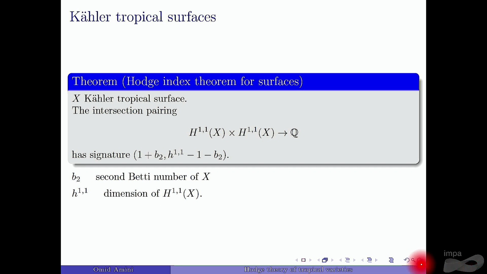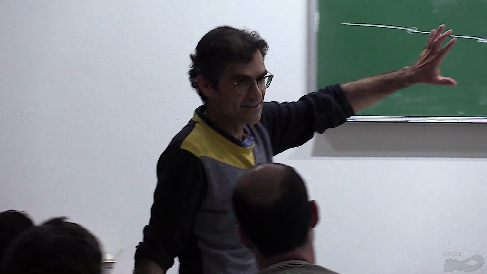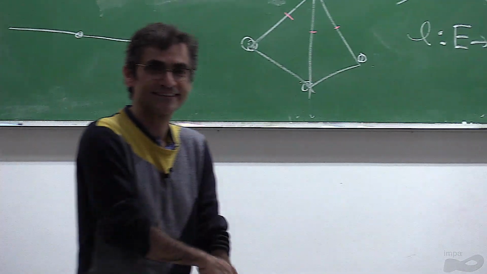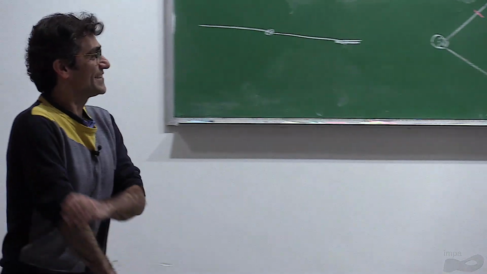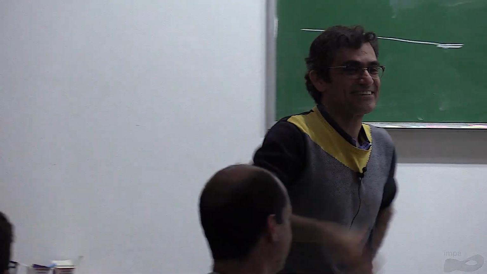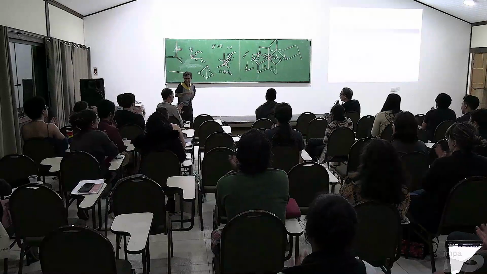Usually in complex geometry, you have 1 positive eigenvalue and h^{1,1} minus 1 negative. But in this case, you get something different, which is n plus the second Betti number of the tropical variety. And this is the number of positive eigenvalues, and the rest is negative. Okay, thank you very much. I think I went half of my time.